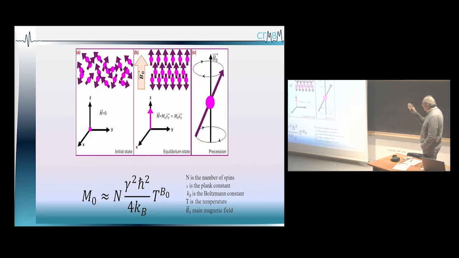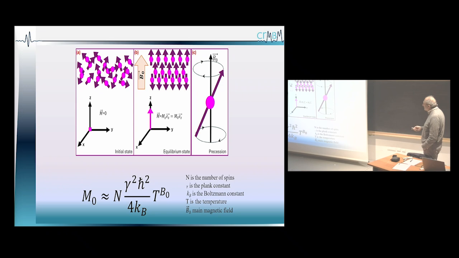So this is a kind of summary of all of that, also with the formula of the magnetization in here, which is related to B0, temperature, and a lot of different constants. You can see that here you've got the random orientation. When you've got the B0, the orientation is going to be different. So you are going to create a magnetization along the z-axis, which was not there before without the B0.